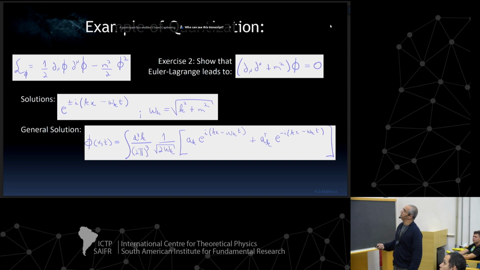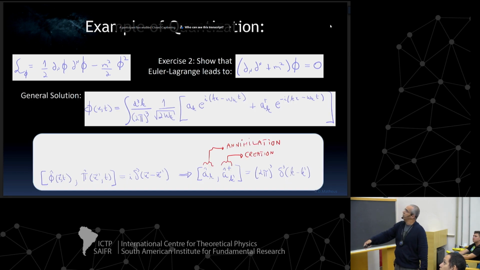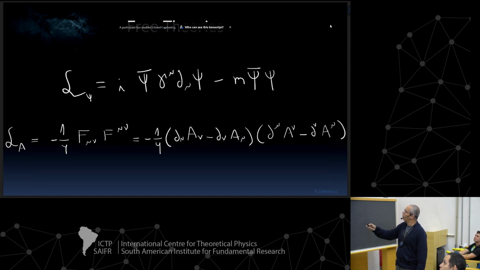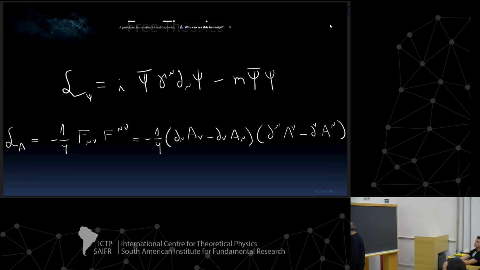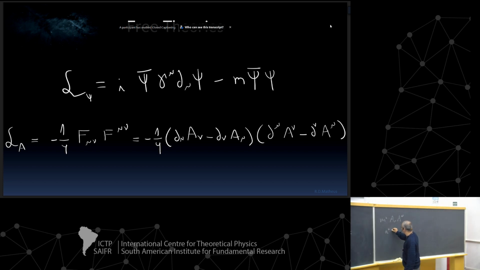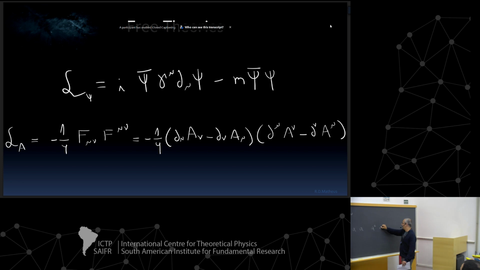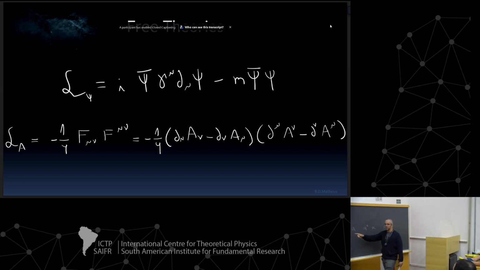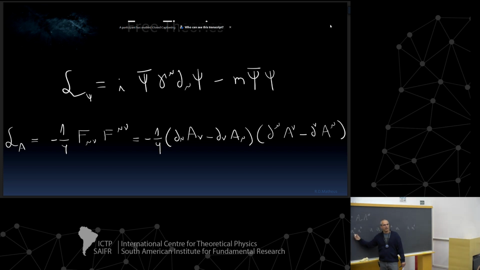So these theories are the ones we call free theories, right? And the reason is that having only 2 powers of the field, the only thing that can appear is something like A dagger A dagger, A A, or A dagger A, right? Most of these make no sense from the point of view of energy conservation, right?